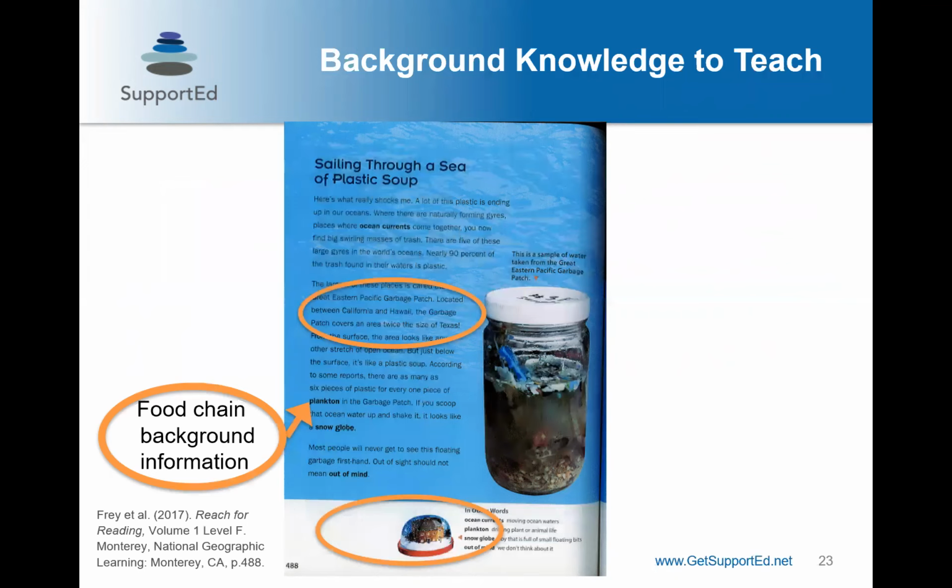One, and you mentioned this before, is all the different locations that are talked about: California, Hawaii, and then Texas. Another area might be providing background information about the food chain from plankton, to give them an idea of how the plastic might be impacting the life of the ocean.